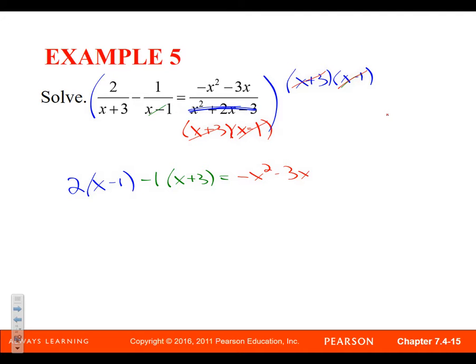So here's what I'm suggesting. 2x minus x would leave me with x. Negative 2 minus 3 would leave me with negative 5, right? That equals negative x squared minus 3x. If I bring those to the other side, I'd end up with x squared plus 4x minus 5 is equal to 0, and that's what I would factor.